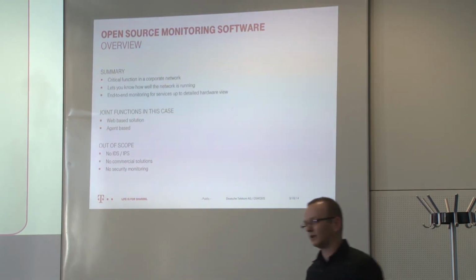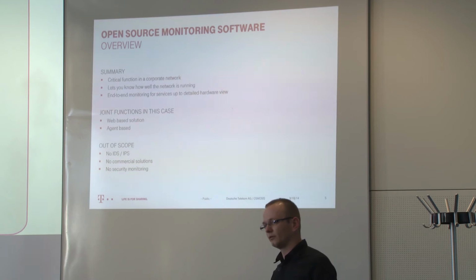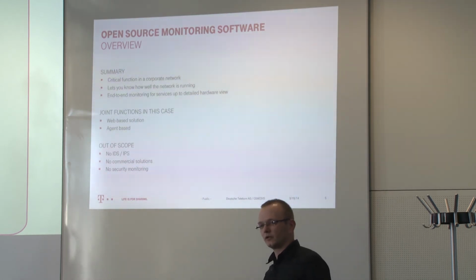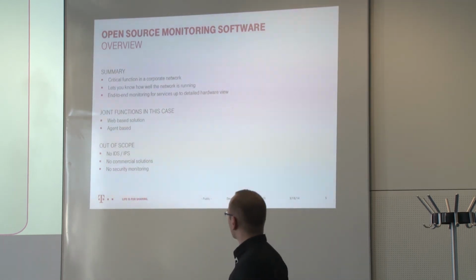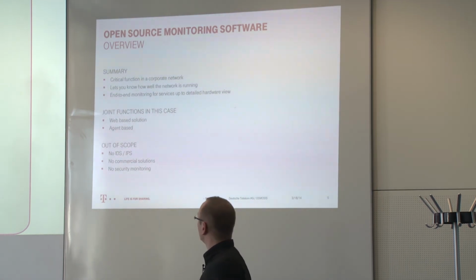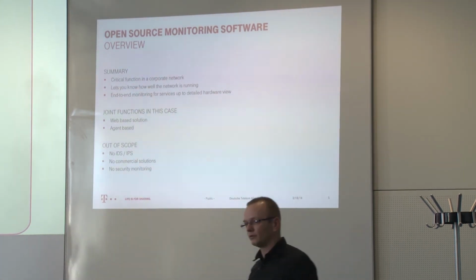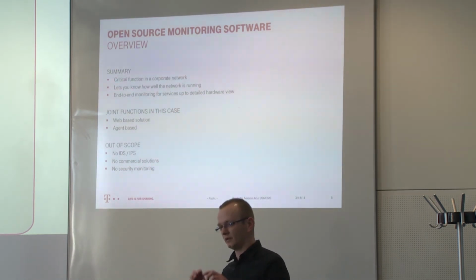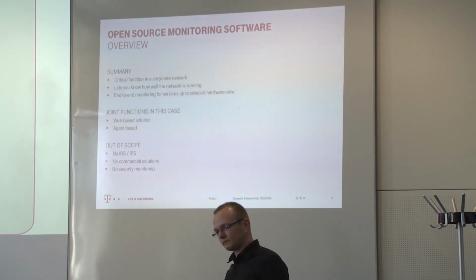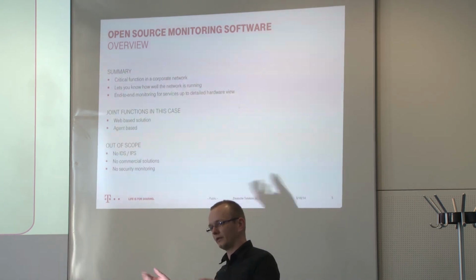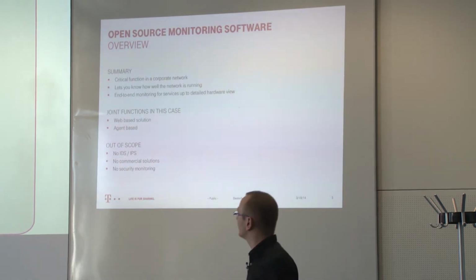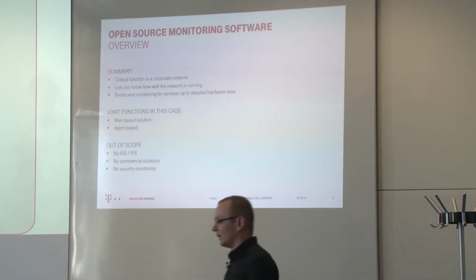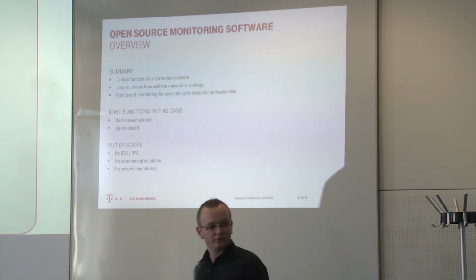The main focus is on availability tools, such as those running the administrators. All the solutions we have discovered have things in common. They are agent-based. That means that the central monitoring system will access the network elements and the servers. And they are web-based.